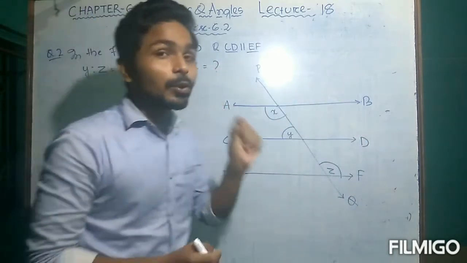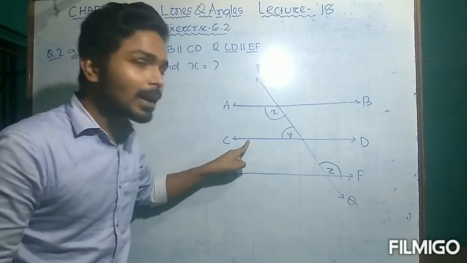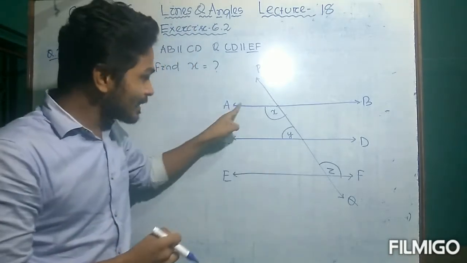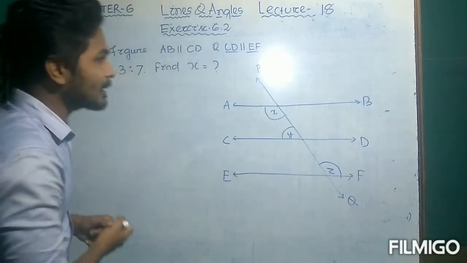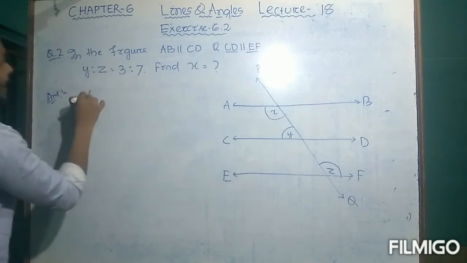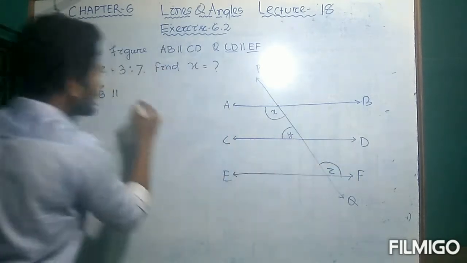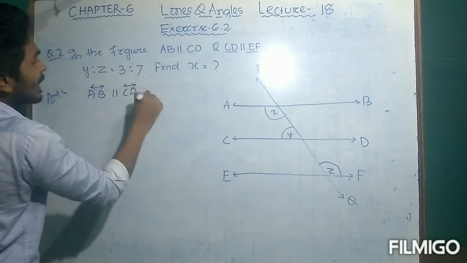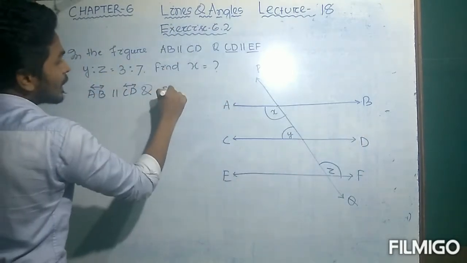Now according to theorem 6.6, we discussed that whenever two lines are parallel to the same line, then these two lines will be parallel to each other. This is theorem 6.6, right? So here it is given that AB is parallel to this line, and this line is parallel to CD.